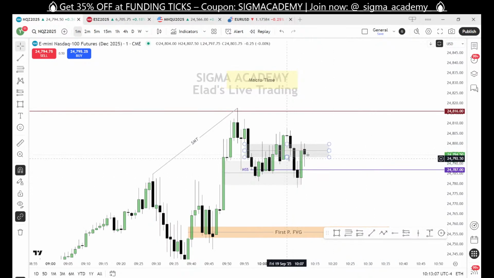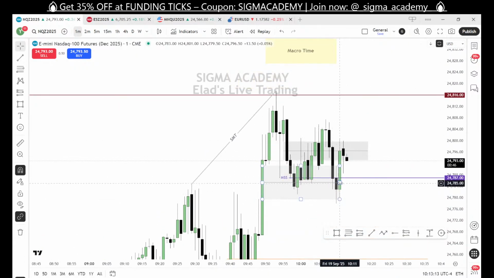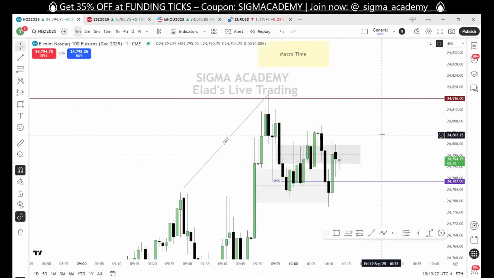For now, it respects this low of this fair value gap. It didn't. It made it inverse, and it disrespected this fair value gap. I'm done for today.